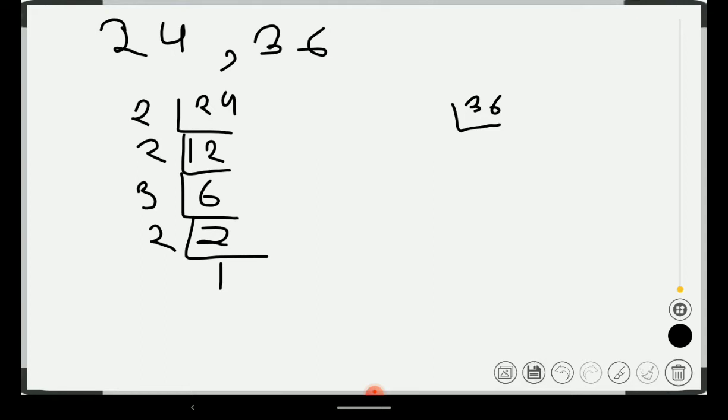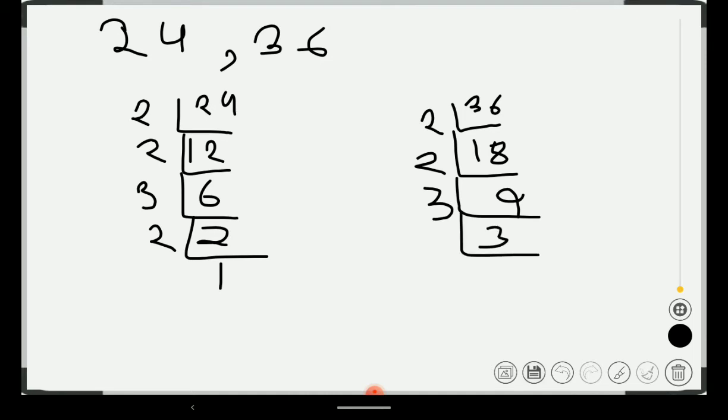But for simplicity, we are taking the smallest number first. Anyways, I have shown you the prime factorization of 36. So I am showing it quickly now. Okay. Now let's circle the common factors.